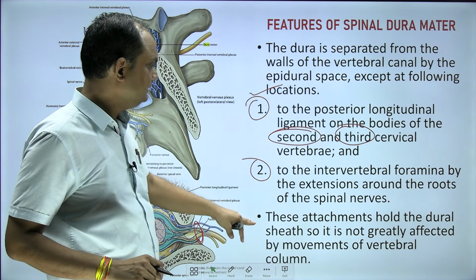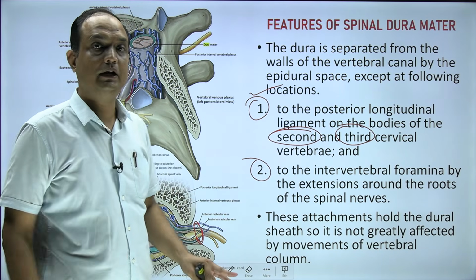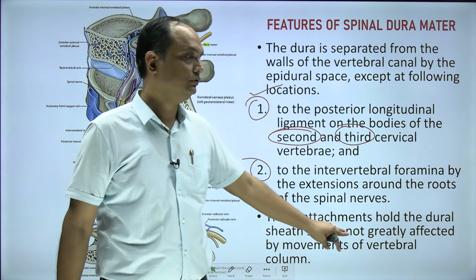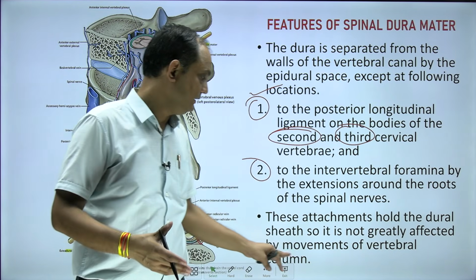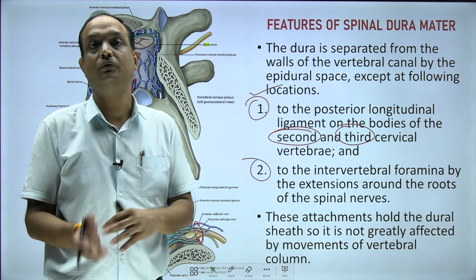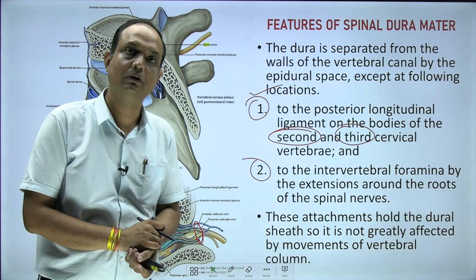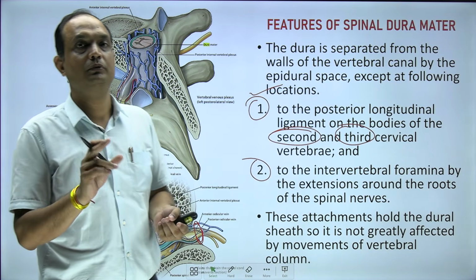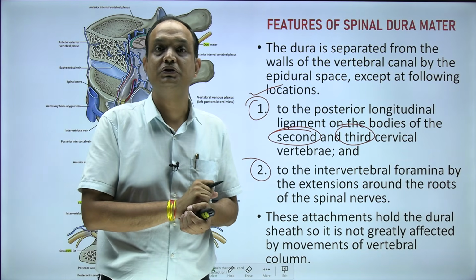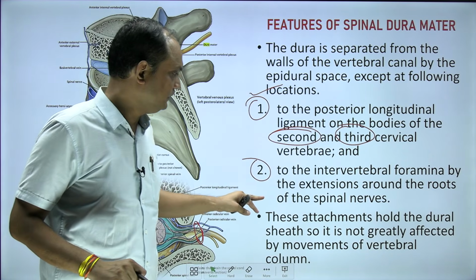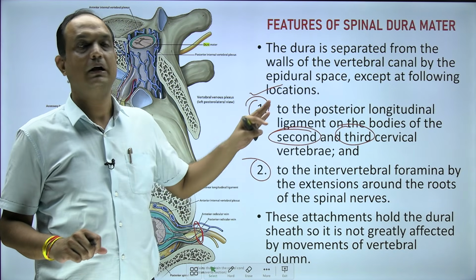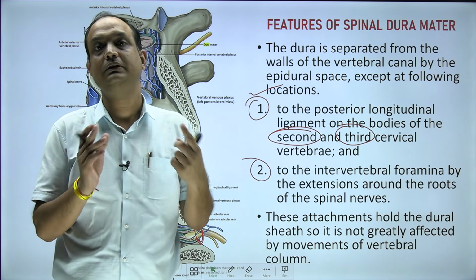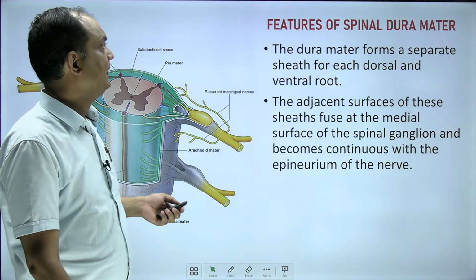These attachments are important to hold the dural sheath, so there is no great effect of movement of the vertebral column on the spinal cord. Because when you move the vertebral column, the spinal cord should remain fixed in its own position, and that is possible because of these attachments of the dural sheath with the surrounding areas.